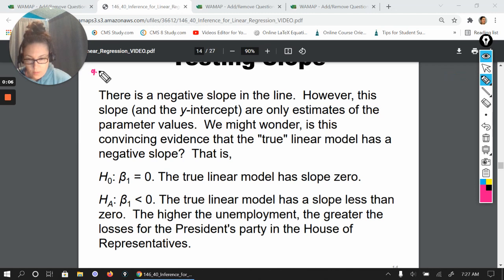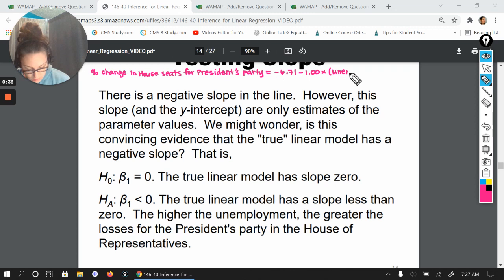So remember, it was percent change in House seats for President's Party equals negative 6.71 minus 1.00 times the unemployment rate. So there is a negative slope in the line.